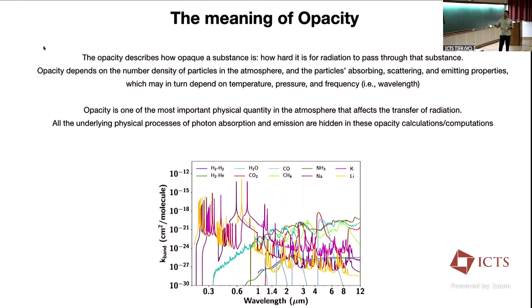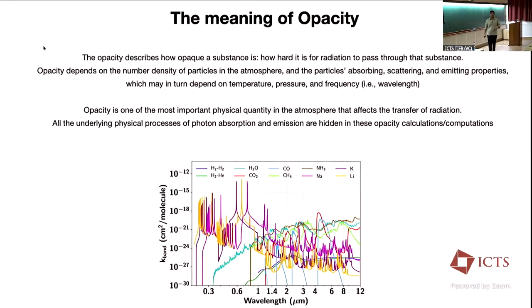Opacity describes how opaque a substance is, how hard it is for radiation to pass through it. Opacity depends on the number density of the particles in the atmosphere and the particles' absorbing, scattering, and emitting properties, which may in turn depend on temperature, pressure, and frequency. Opacity is one of the most important physical quantities in the atmosphere that affects the transfer of radiation. All the underlying processes of photon absorption and emission are hidden in the opacity computation.